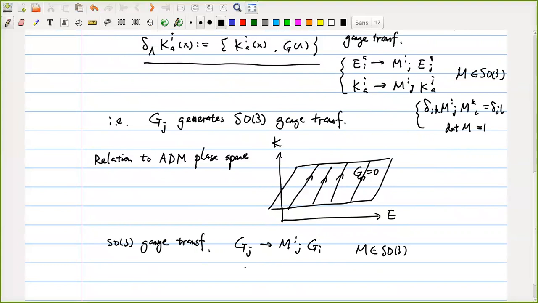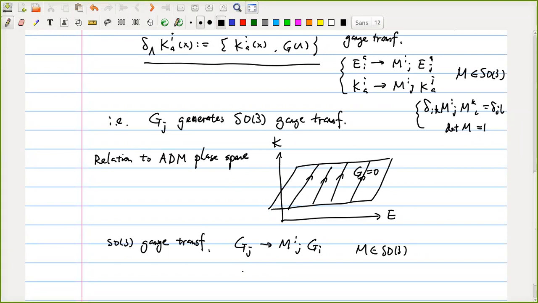This means that the gauge transformation transforms the Gauss constraint to a linear combination of Gauss constraints. So it leaves the constraint surface invariant.